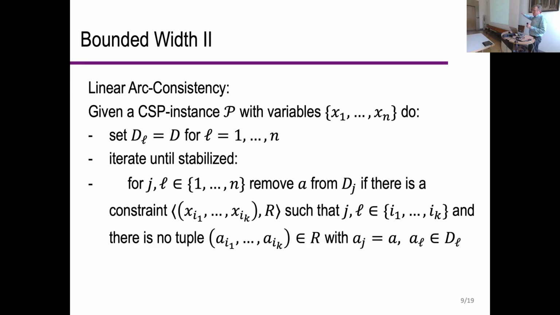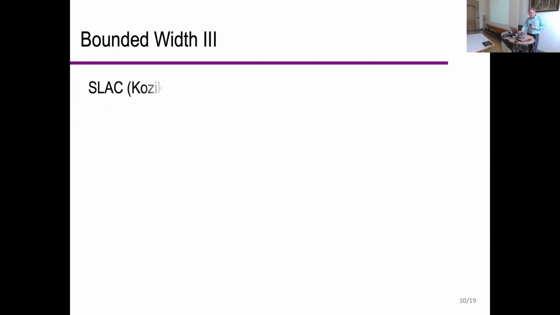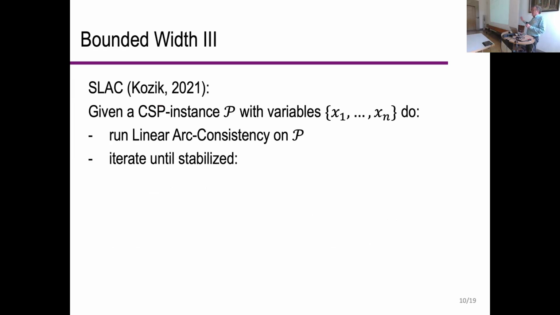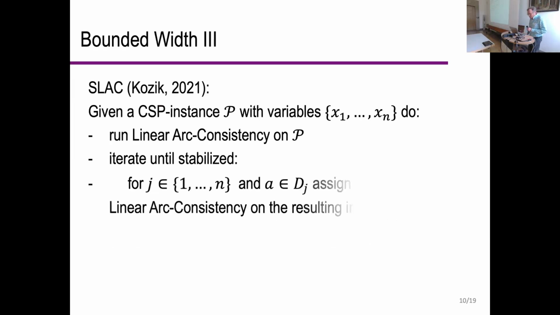It doesn't solve all CSPs of bounded width, but a minor generalization does. And again, that's a weird trick that somehow makes all these algorithms much more powerful. So the trick is this. Again, I start with a CSP instance. I run linear consistency, no problem, and then I run the actual algorithm.